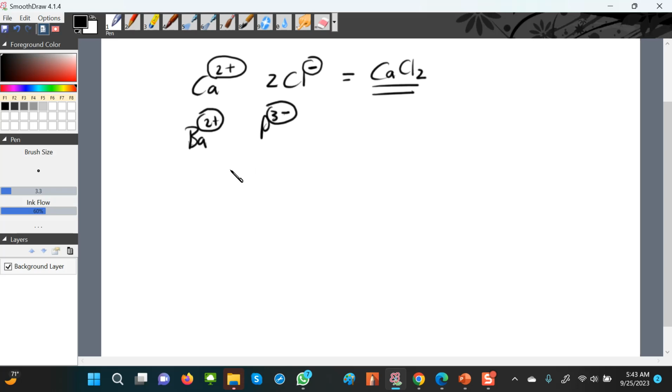As it is right now, that's not the case, because we have a +2 here and we have a -3 here. So to get the charges equal, what I would do is multiply this by 3 and multiply this by 2, right? So 3 times +2 gives you +6, 2 times -3 gives you -6. So therefore, when you put this together, the final answer becomes Ba3P2, and that would be the formula for barium phosphide, all right?